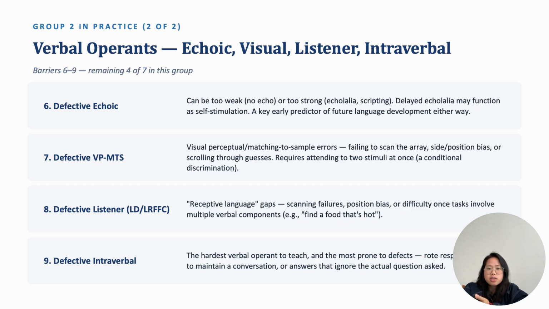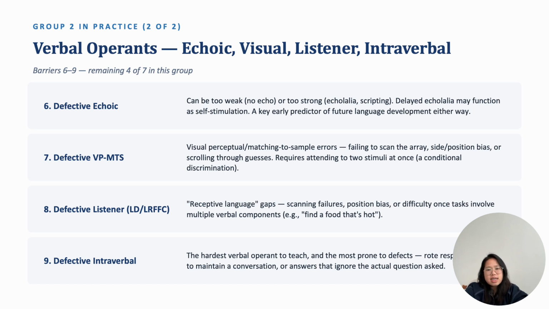Technically, what's called a conditional discrimination, right? And defective listener repertoire, or LD or LRFFC, this is what most people call receptive language, right? So scanning failure, position bias, or the same problem showing up specifically once a task involves multiple verbal components, like being asked to find a food that's hot, right?